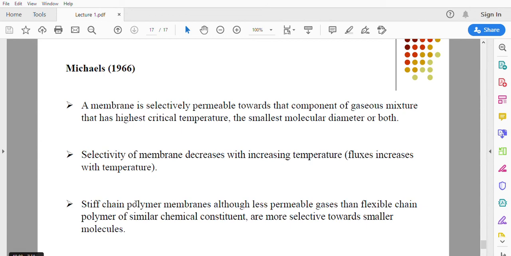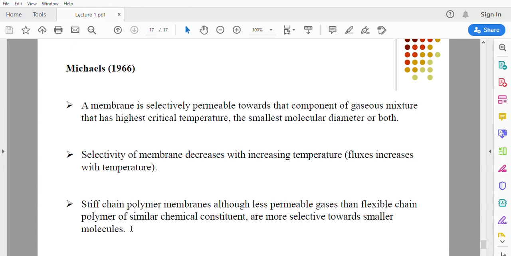The next point is that stiff chain polymer membranes, although less permeable to gases than flexible chain polymers of similar chemical constituent, are more selective towards the smaller molecules. Basically this tells that if you have stiff membrane molecules, meaning the polymer is near to Tg or less than Tg, near to the glass transition temperature or lesser than the glass transition temperature, then the molecules of the polymer will be stiff.